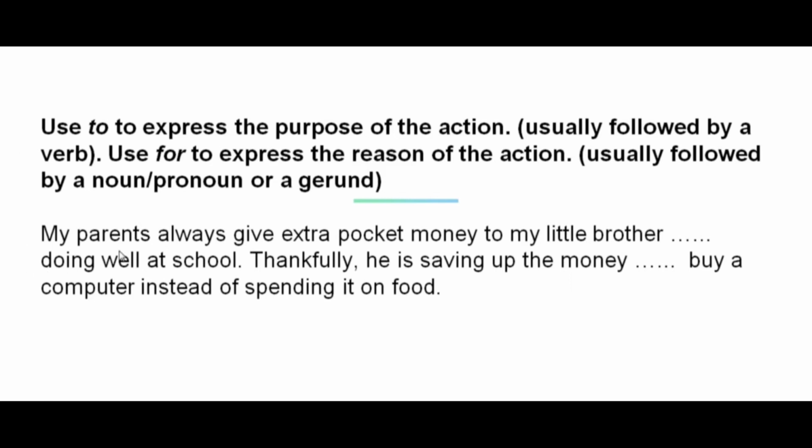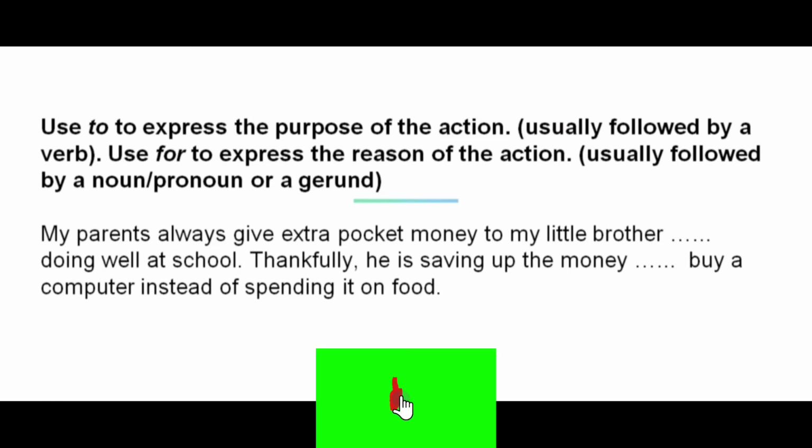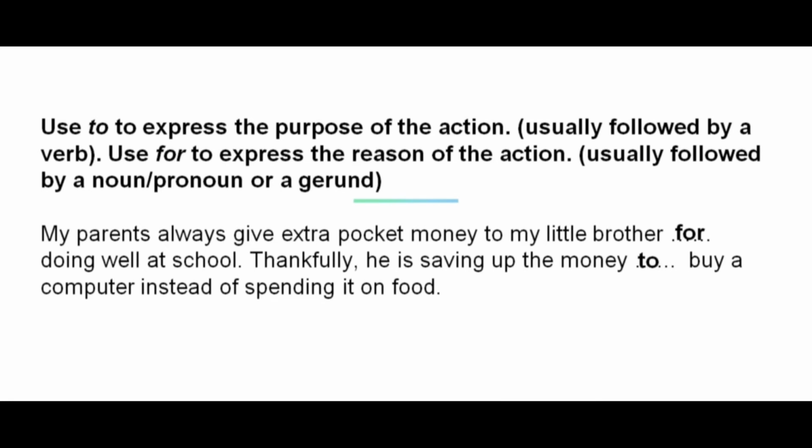My parents always give extra pocket money to my little brother, blank, doing well at school. Thankfully, he is saving up the money, blank, buy a computer instead of spending it on food. My parents always give extra pocket money to my little brother for doing well at school. Thankfully, he is saving up the money to buy a computer instead of spending it on food.